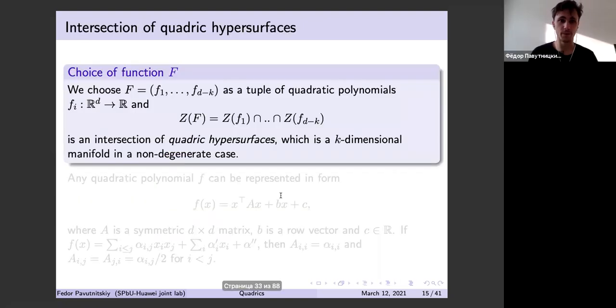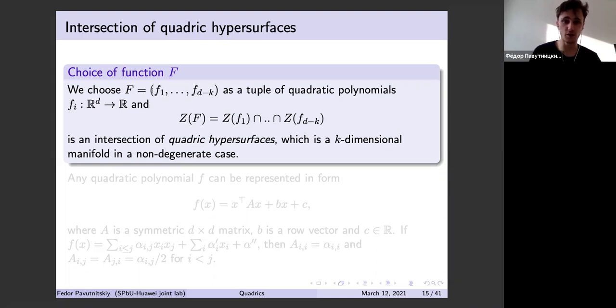Okay. For the problem of anomaly detection, we choose the following function. We choose the representation of the manifold as a zero set of some function. We choose a d minus k dimensional function, because our manifold will be of dimension k. We choose this zero set as an intersection of zero sets of some quadratic polynomials, or another way to call it, quadric hypersurfaces, or just quadrics in short.